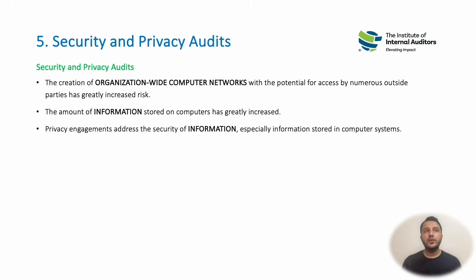So we have to ensure privacy and security, but at the same time, we have to strike a balance where we do not infringe on the personal space of people. That we have to take into account, and generally the laws specify to what extent we can go. So this is important, and these are the things we need to take into account whenever we intend to carry out a security or privacy audit.